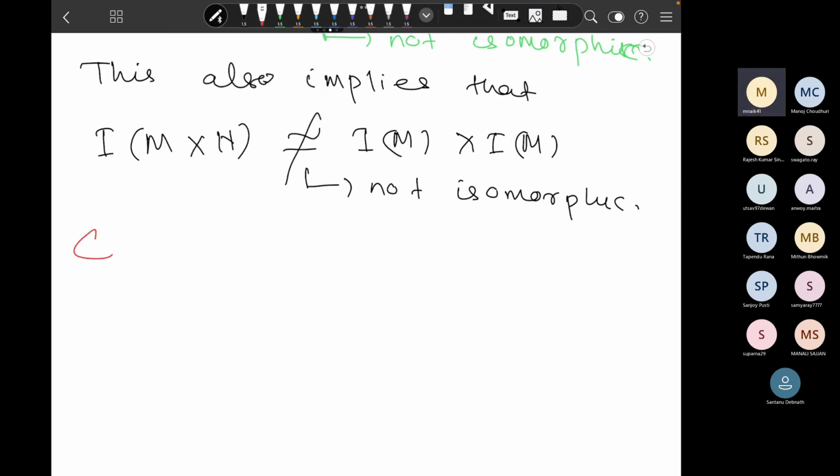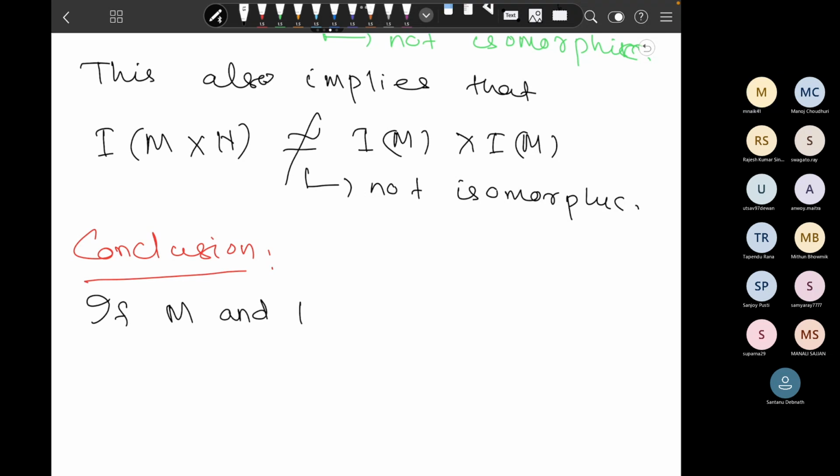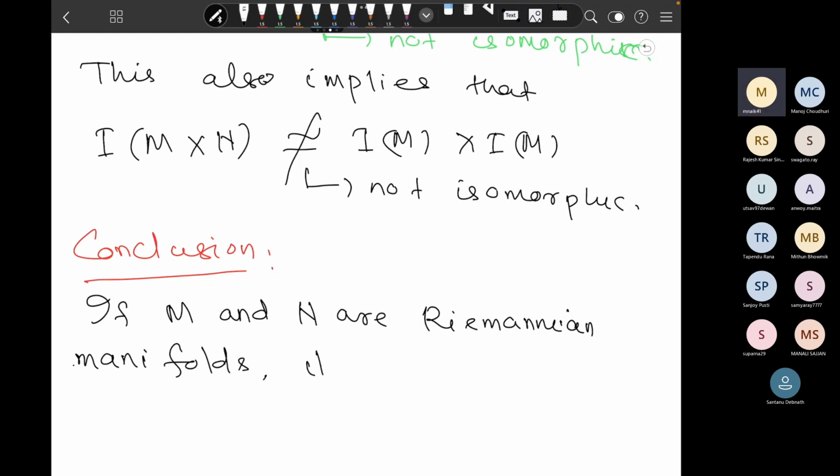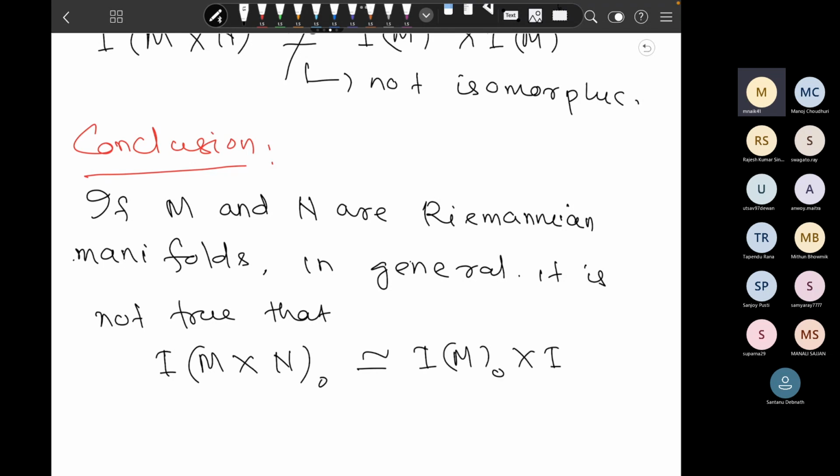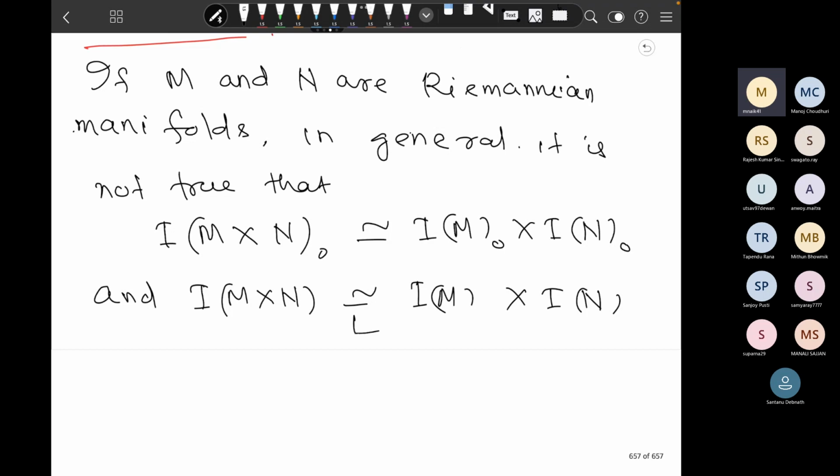So conclusion: if M and N are Riemannian manifolds, so in general it is not true that this I(M cross N) naught is isomorphic to I(M) naught cross I(N) naught. This symbol means isomorphic.